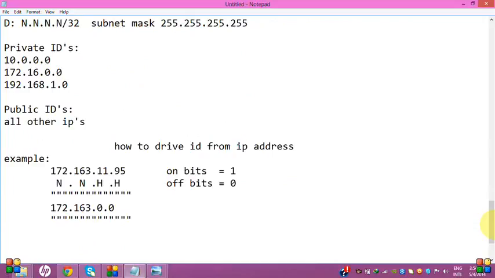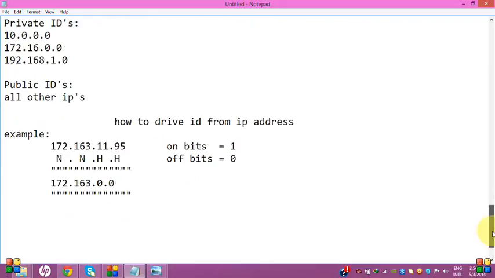Okay, how to derive the ID from an IP address? You can see I put an IP address there, and I know that 172 is in the range of class B, so I apply the formula of class B. There are two network portions and two host portions in class B. Network portions show the bits are on, so it's 1, and host portions show the bits are off, so it's 0.